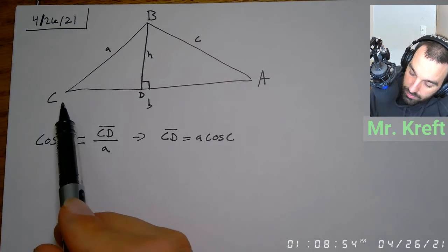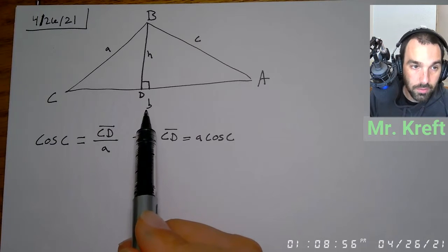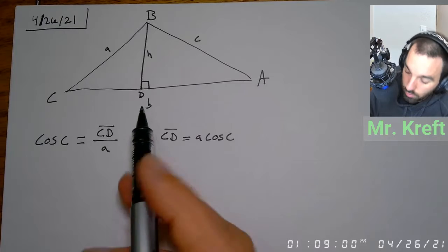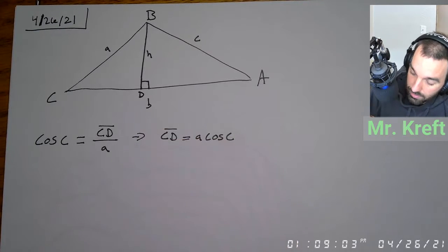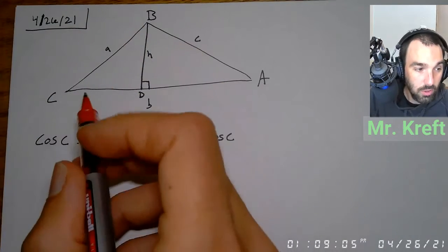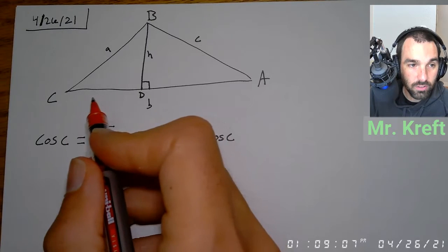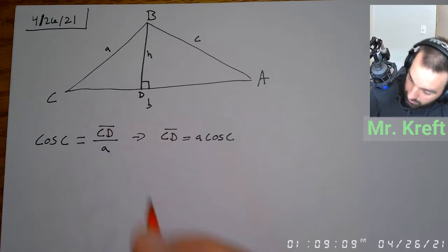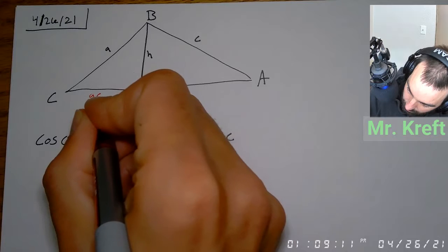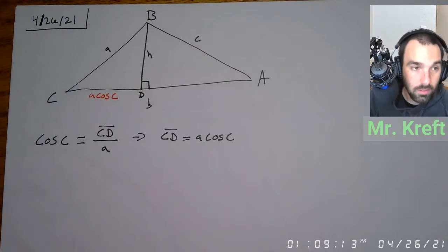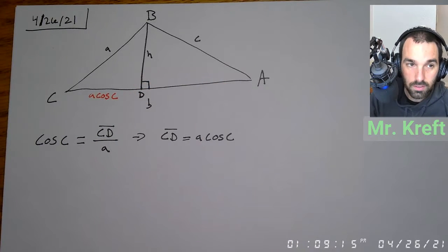Now, notice that CD is part of side B. So check this out. CD right here is A cosine of C. You guys with me there?